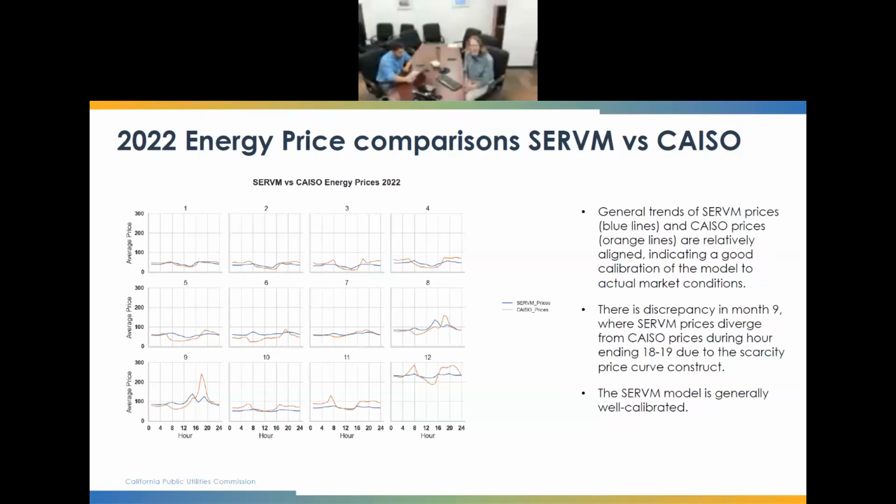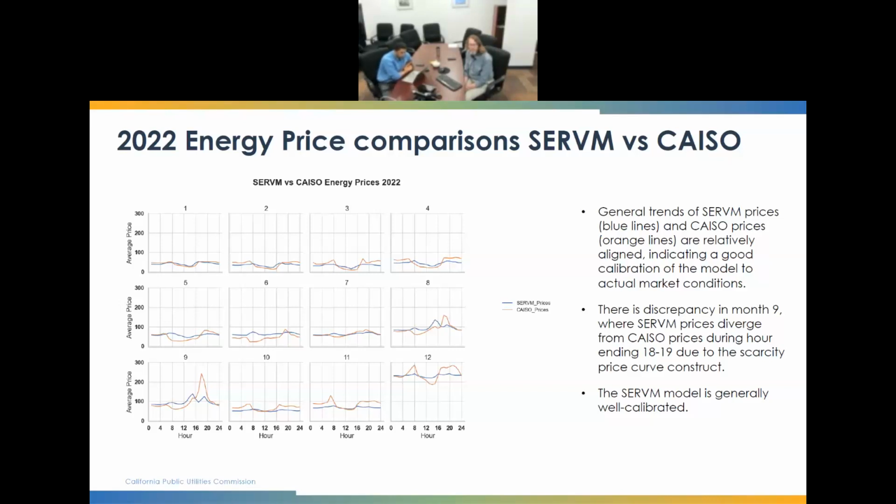Here we're showing you, in this slide, a comparison of the energy price from Servem to CAISO. Servem's energy price is in blue and CAISO's is orange. The x-axis is the hours, from 0 to 24, and the y-axis is the average price.